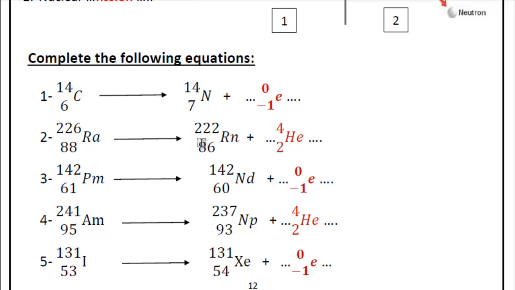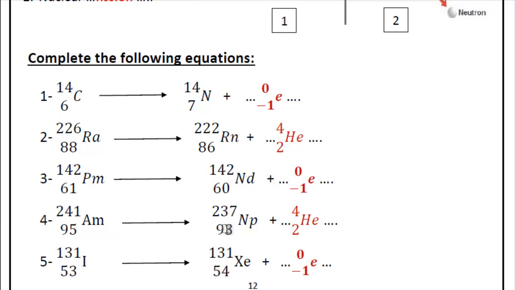But here we have a decrease in the mass number by 4 and in the atomic number by 2, so this will be alpha radiation. Here the mass number will be the same, so it will be beta radiation.